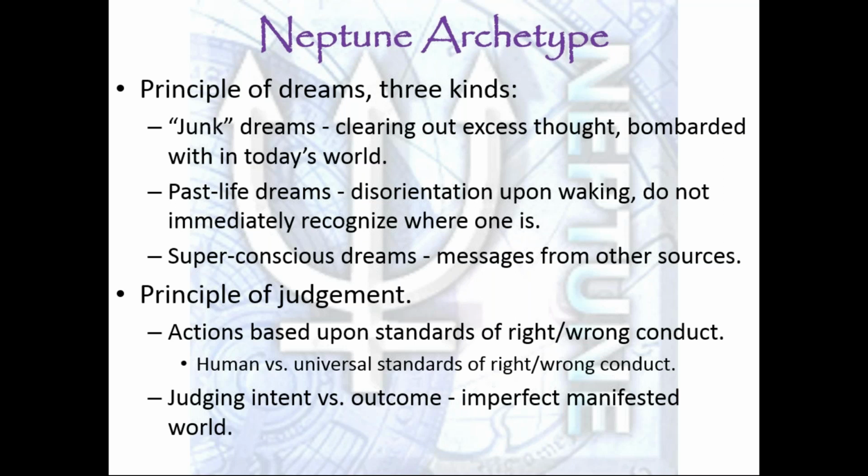And one of the most basic things we want to look at then in regards to this principle of judgment is judging the intent of the soul involved versus the outcome, because this is an imperfect world. Perfection doesn't exist here. Neptune, Pisces, 12th house in the polarity Virgo, 6th house in Mercury. We learn that this is the process to perfect here.